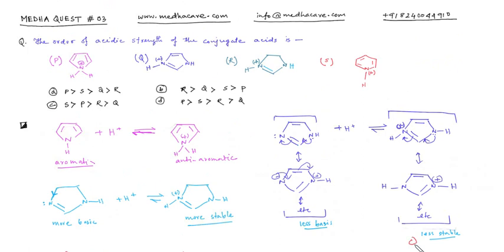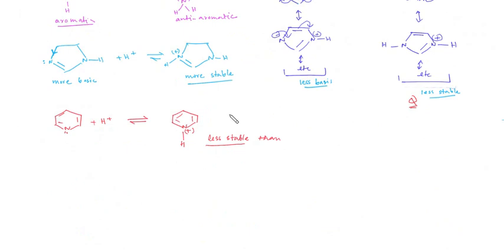So this one is our P, this one is Q, this one is R, and this is S. So S is less stable than Q. The positive charge on nitrogen is localized here, whereas in Q the positive charge is delocalized. So this is less stable, that means more acidic.